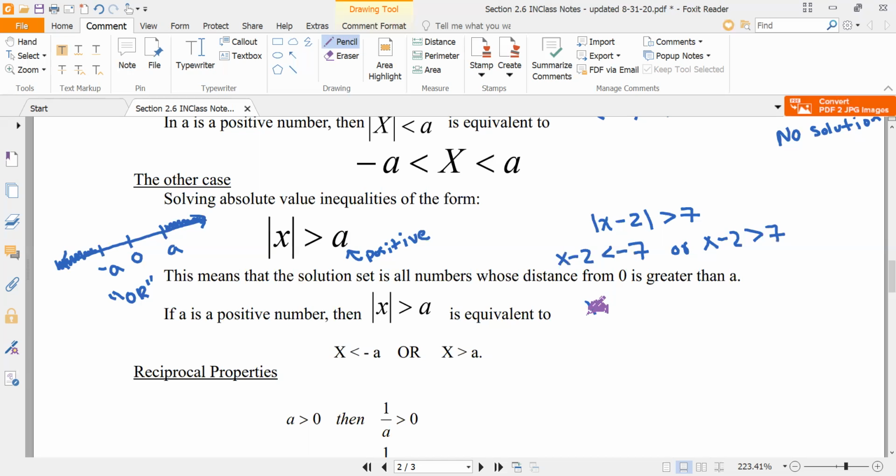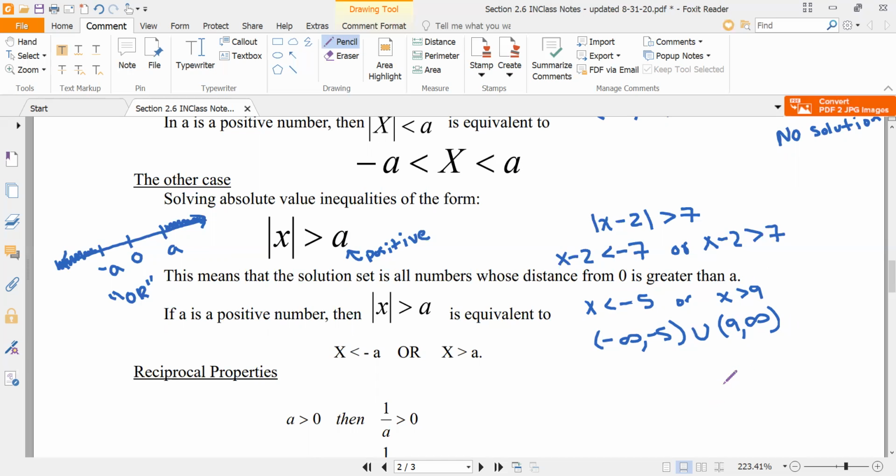When we go to solve this, we'll add 2 to both sides. So that's going to be a negative 5, and this one is going to be a positive 9. So when we write that in interval notation, that would be negative infinity to negative 5 parentheses union 9 to infinity, making sure you're in least to greatest order all the way across. So that's how a greater than problem will work out.